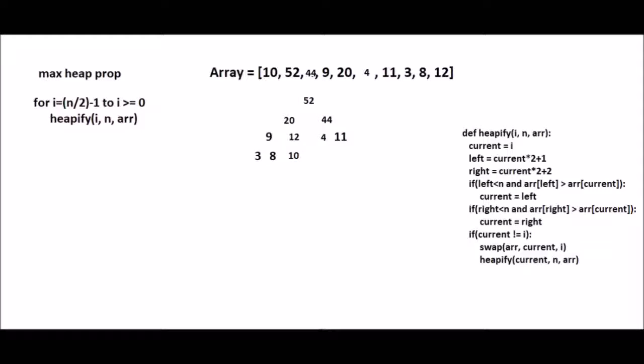So now if we look at the original array, I'm going to get rid of these, so we have 52, we have 20, we have 44, we have 9, we have 12, we have 4, we have 11, we have 3, 8, and then we have 10 at the end.